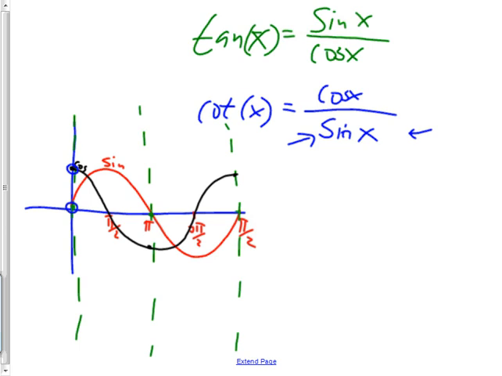Okay? At this very moment, right in between the two green asymptote lines we drew, this spot right here, sine is 1 and cosine is 0. And remember, it's the black one divided by the red one. So it's 0 divided by 1. Is 0 divided by 1 okay?